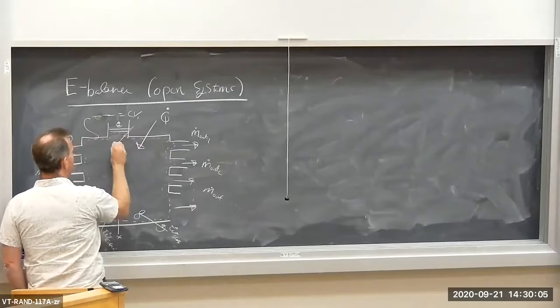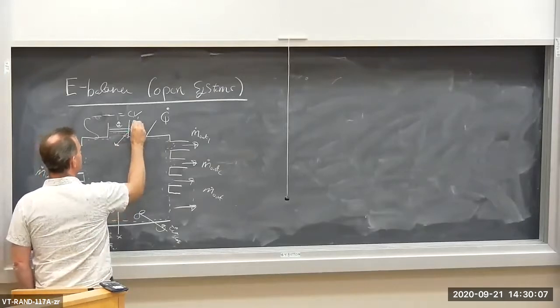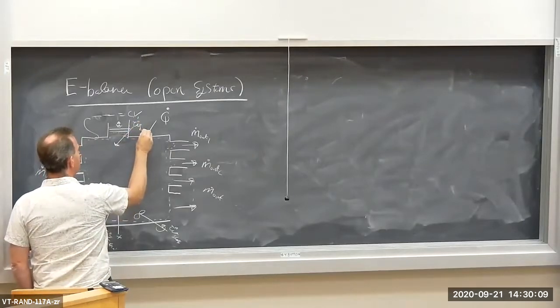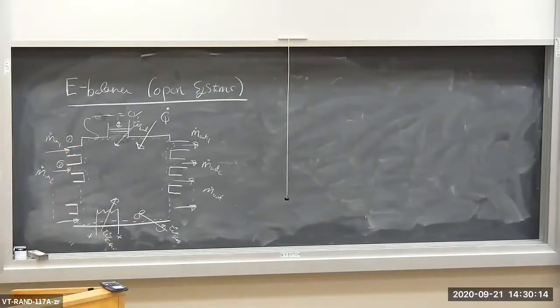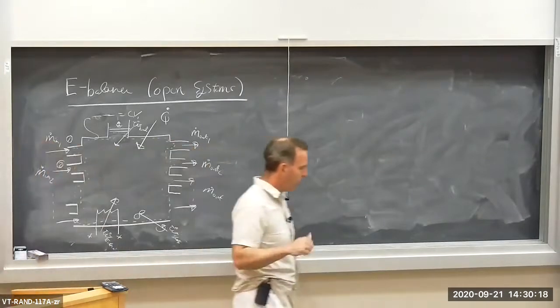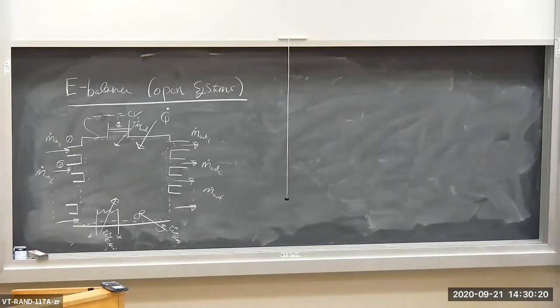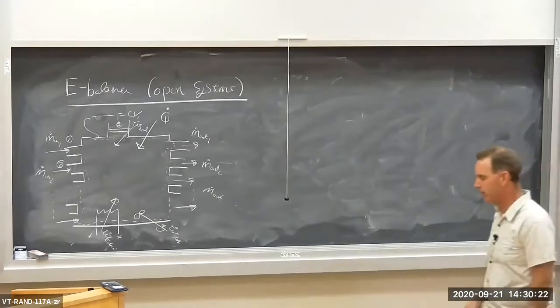So I could have W dot boundary as well. Three kinds of work: electric, shaft, and boundary work. All can be present for my open system.